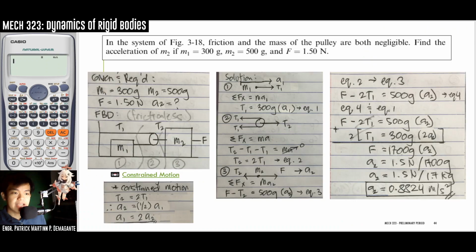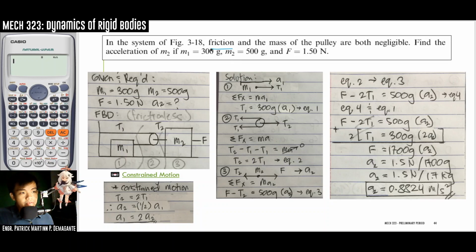Then, next, ayan. So, dito, medyo complicated na to, no? Tatlo, no? 1, 2, 3. This 1, 2, and 3. So, in a system shown in the figure below, friction and the mass of a pulley are both negligible. So, buti na lang, no?